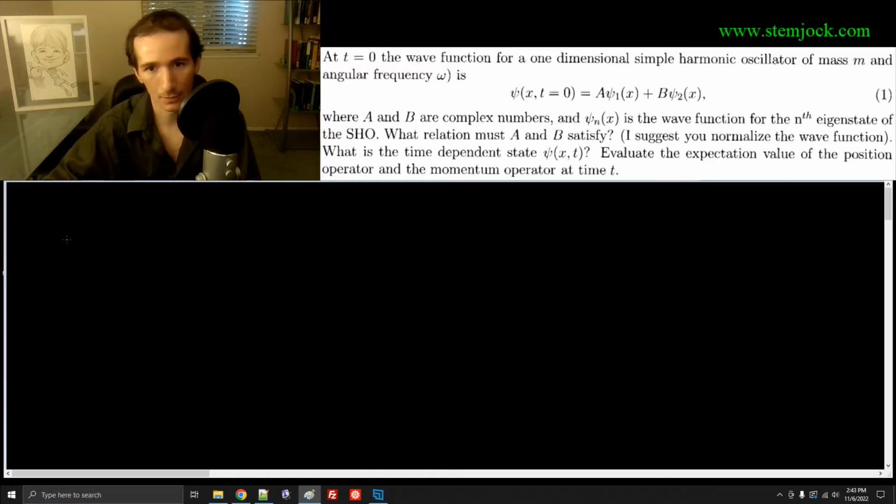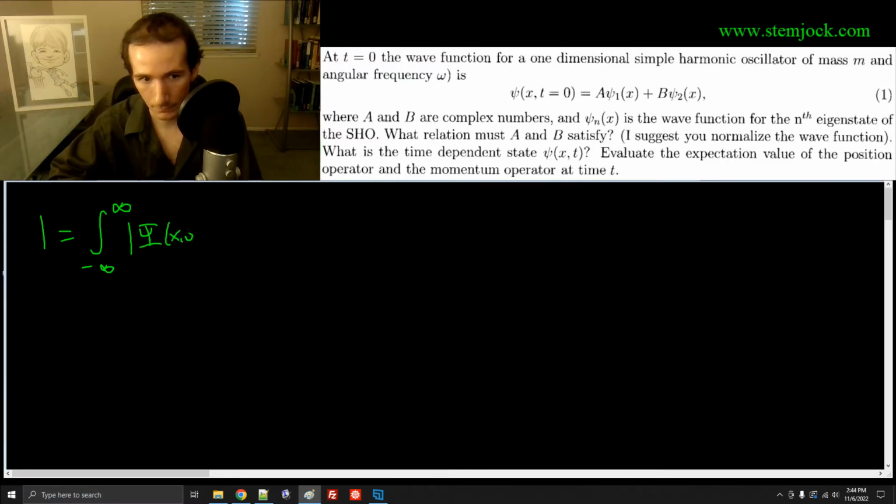That's a basic fact from probability. So this is called normalization, when we say that 1 is equal to the integral over all values of x from minus infinity to positive infinity of the modulus of psi x0 squared dx.